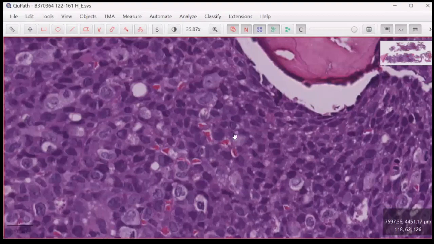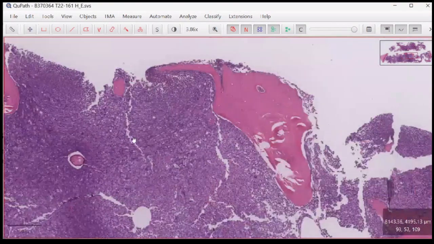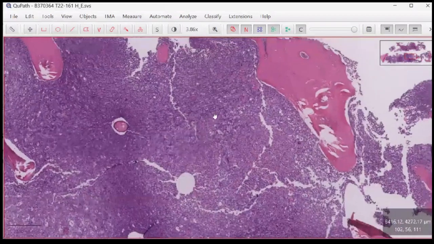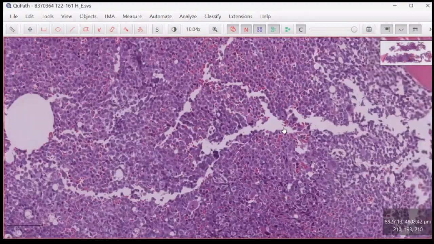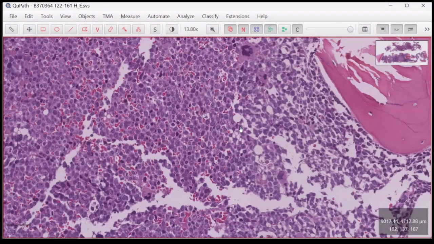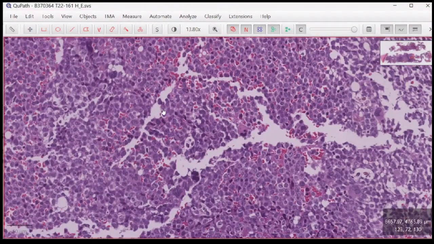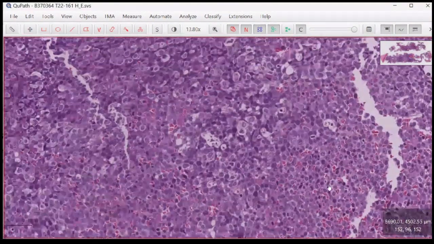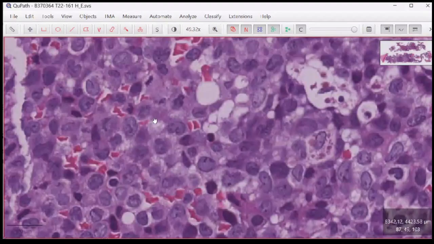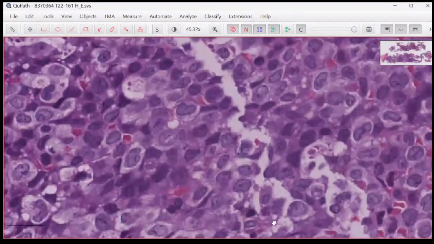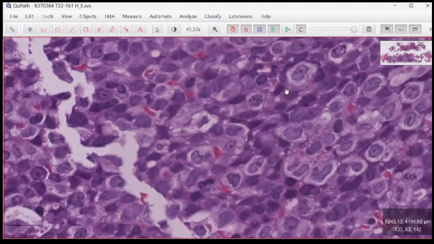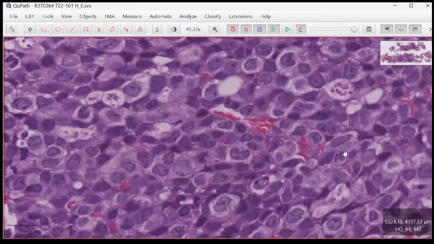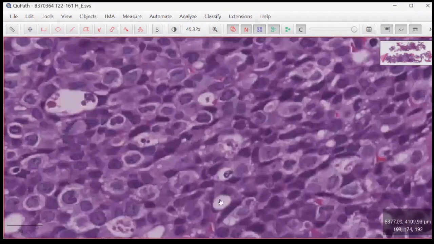on this hypercellular marrow, first we must check any residual hemopoietic precursor cells. There are few megas here, very individual megas. The granulocytes with maturation appear hardly seen.